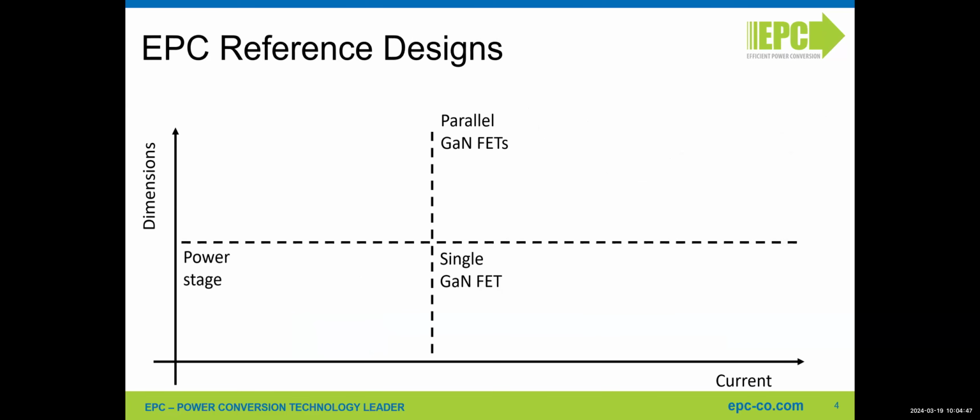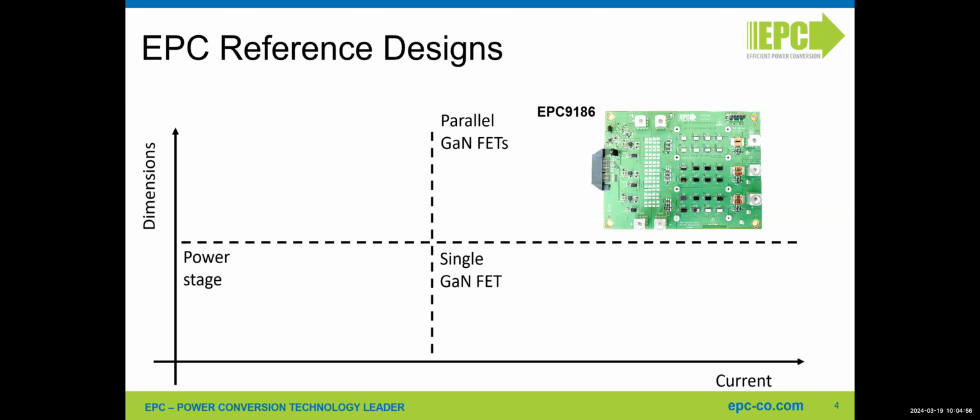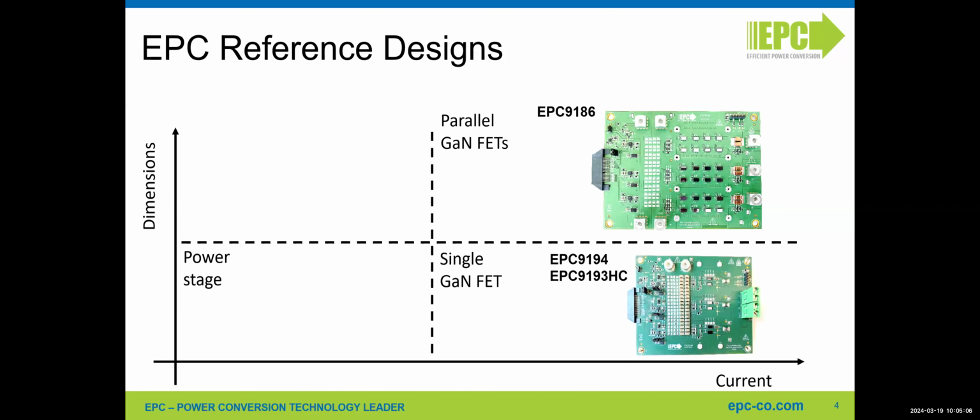From that point of view, we have developed in the last 4 years several EPC motor drive reference designs. We have the EPC9186, where we showcase the EPC2302, with 4 in parallel per each switch. And we have the EPC9194, and the 9193H3 will be released soon, which showcase one or two devices in parallel.